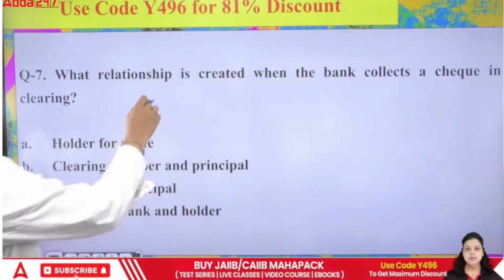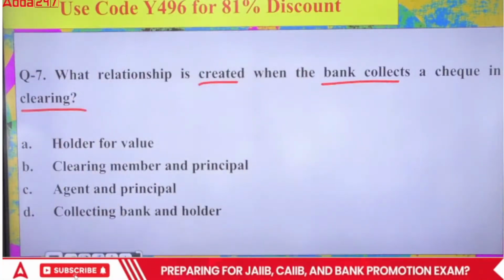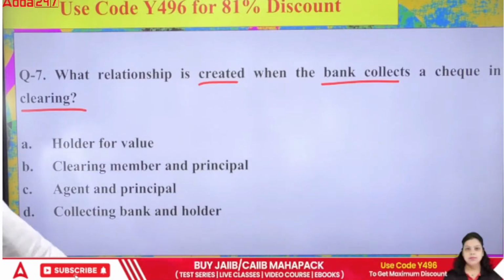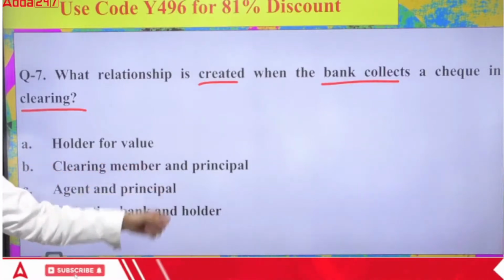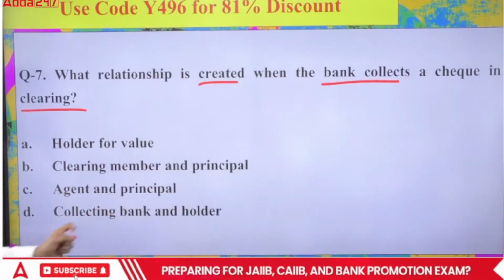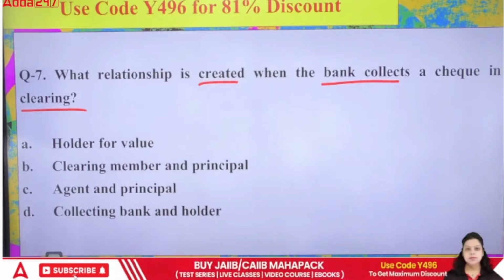Next, what relationship is created when the bank collects a check in clearing? First, holder for value; second, clearing member and principal; third, agent and principal; fourth, collecting bank and holder. Which of the following is correct?